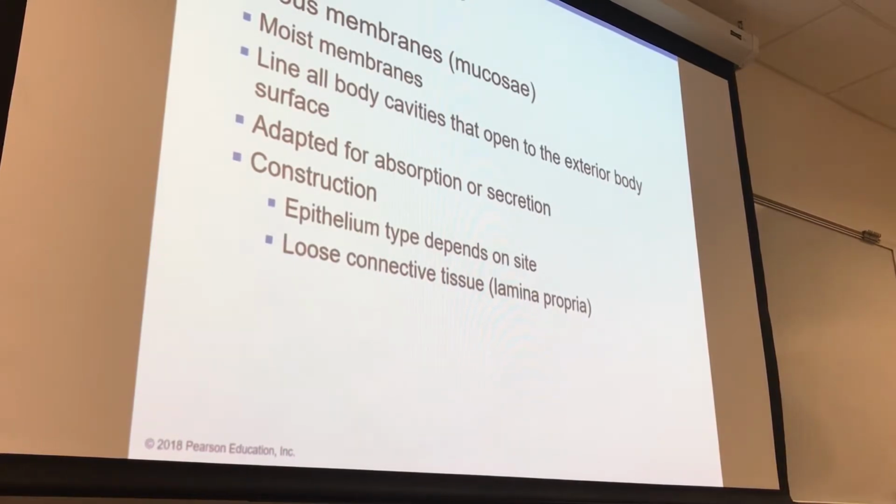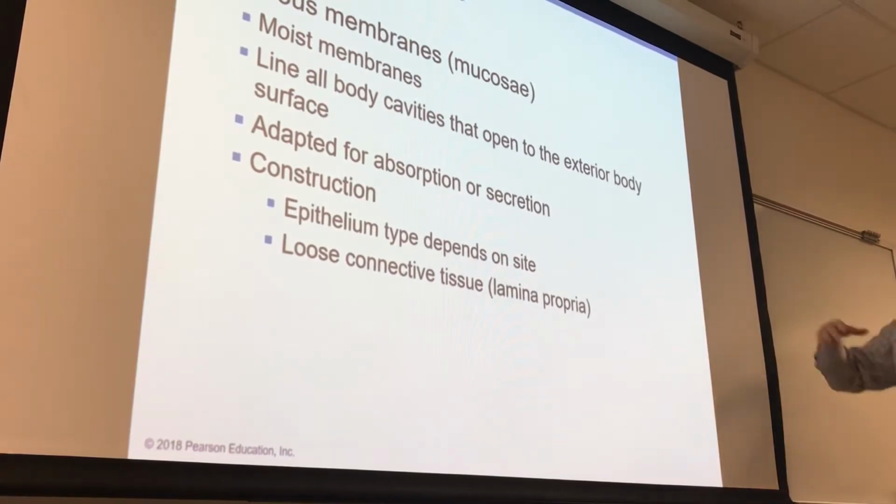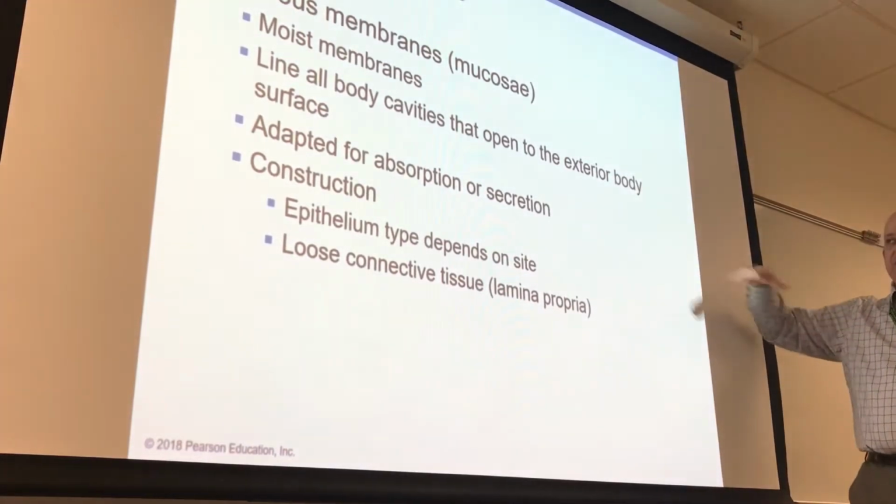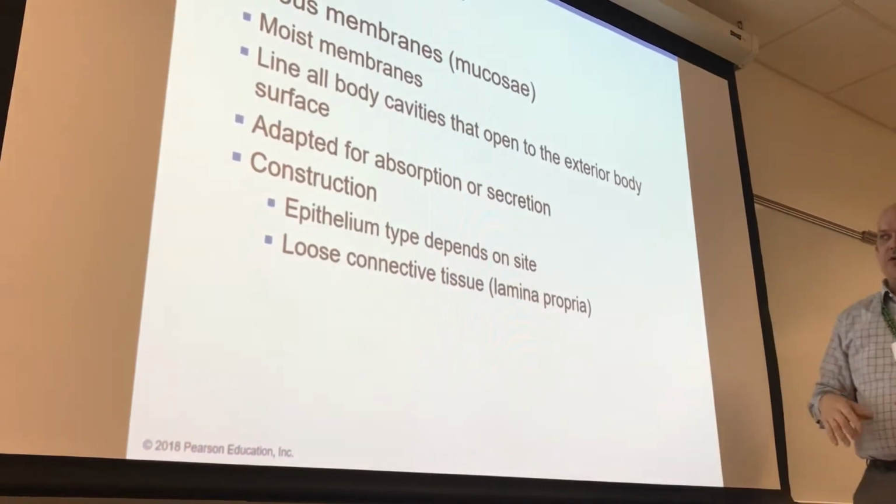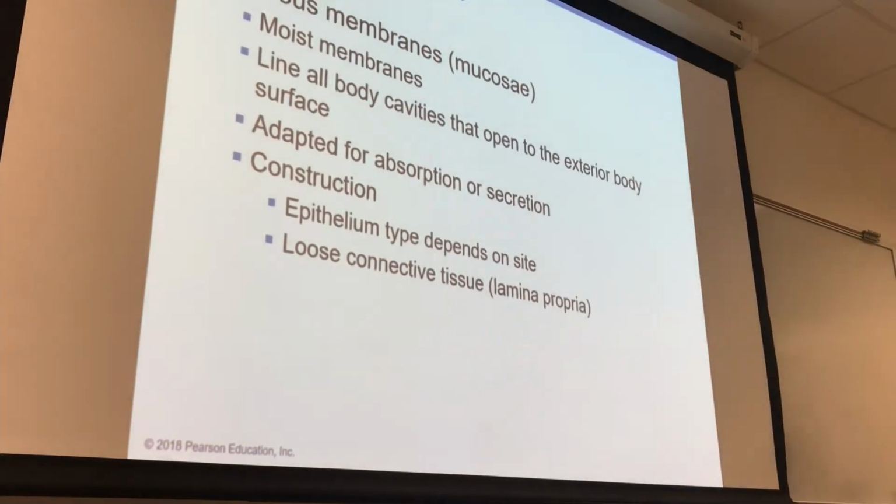The next ones are mucous membranes. These are membranes that line all of our body cavities but do have exposure to the exterior surface. These cells and tissues have adapted so that they can absorb and secrete. Primarily they absorb different contents out of our digestive system and respiratory system as needed. But they also have the ability of secreting things such as mucus, hence the name mucous membrane.